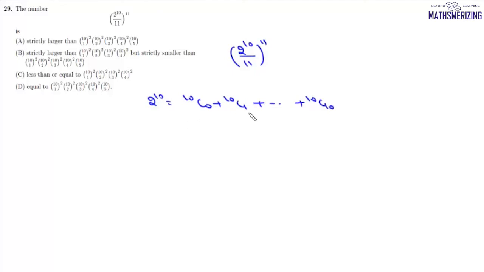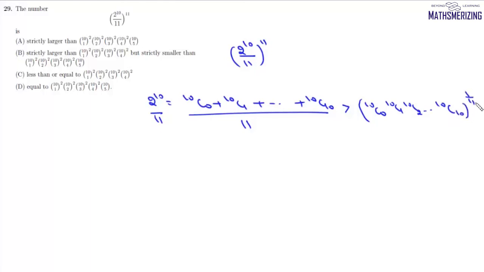Now what we'll do is, we'll take the arithmetic mean and geometric mean of these 11 numbers. So its arithmetic mean will be this value divided by 11 and it will be greater than their geometric mean, and their geometric mean will be 10C0, 10C1, 10C2 up to 10C10 whole to the power 1 by 11.